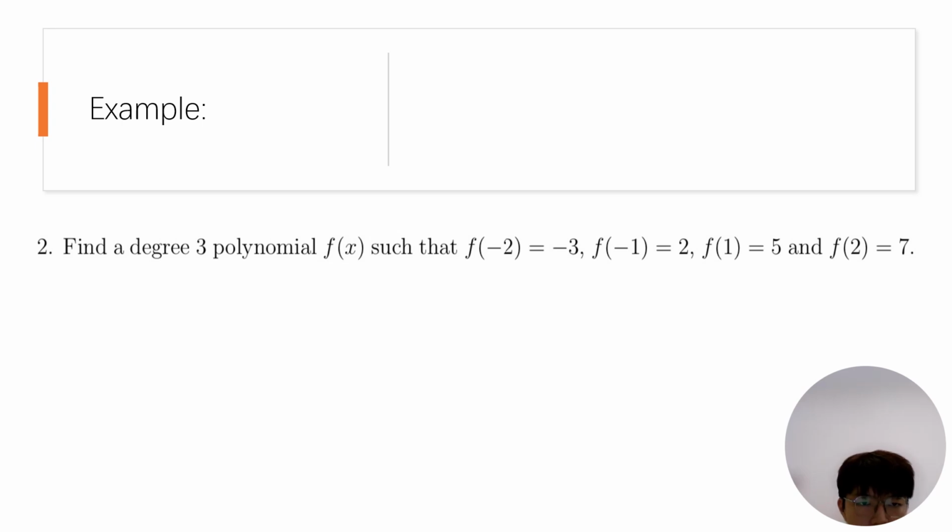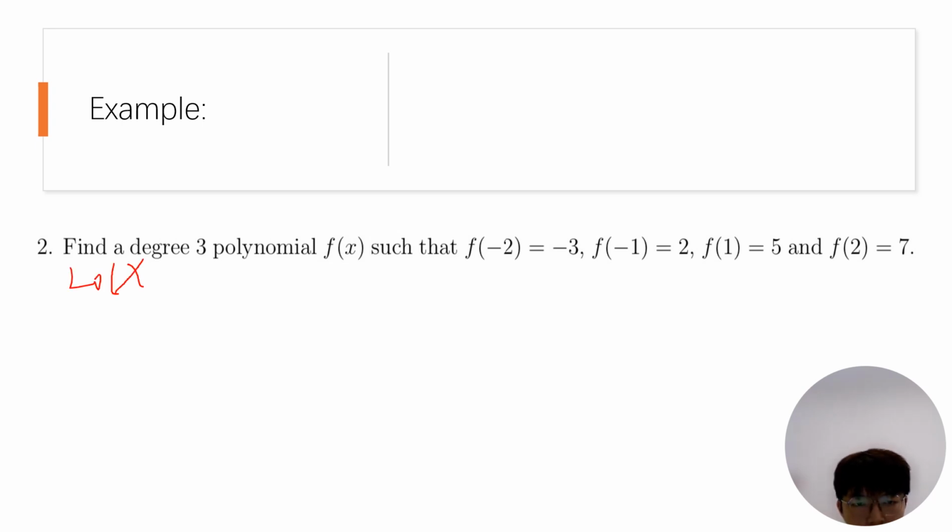Another example. Find the degree 3 polynomial f(x) such that f(minus 2) is minus 3, f(minus 1) is 2, f(1) is 5, and f(2) is 7. First we must find the basis of Lagrange interpolation.